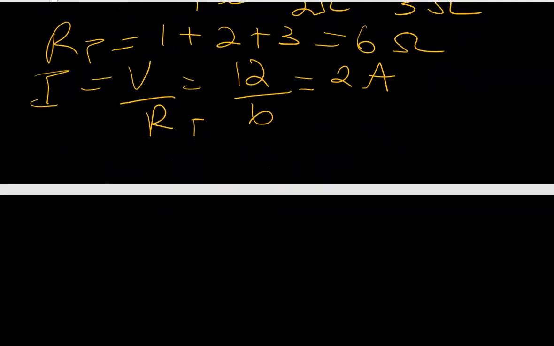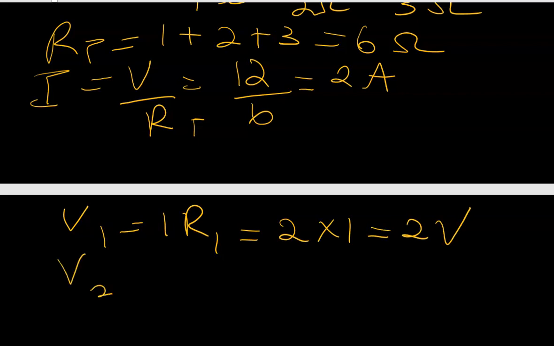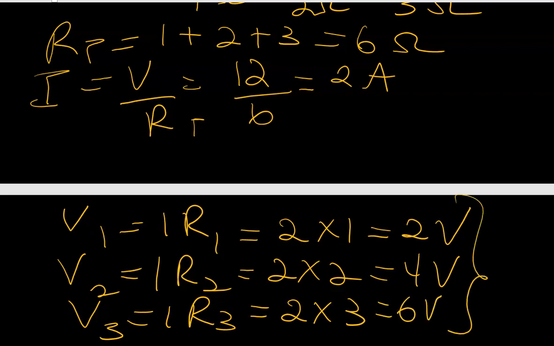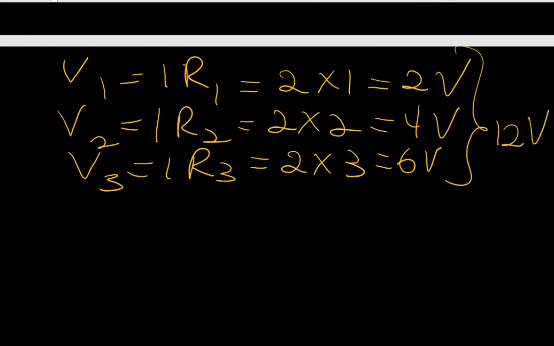If I wanted to get V1, it is IR1, so that's 2 by 1, which is 2 volts. V2 is IR2, which is 2 by 2, which is 4 volts. V3 is IR3, which is 2 by 3, which is 6 volts. If I add all of these, I get 12.